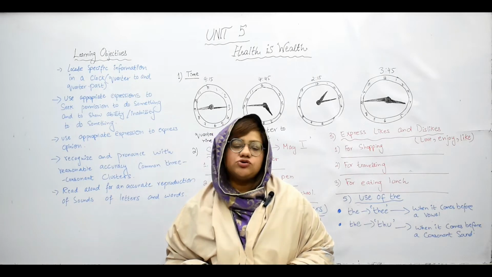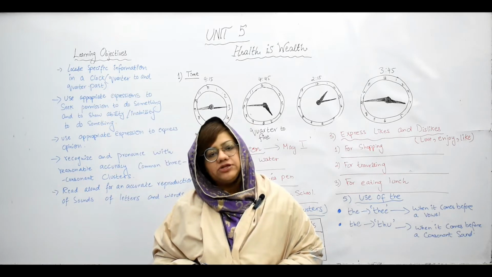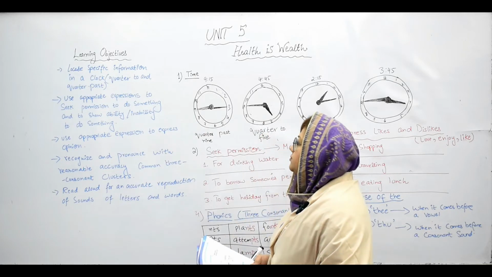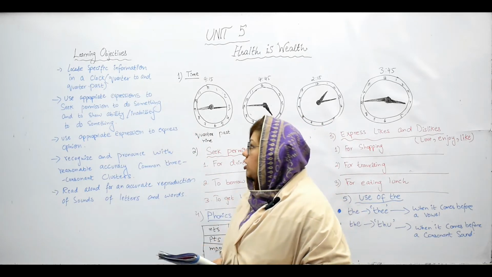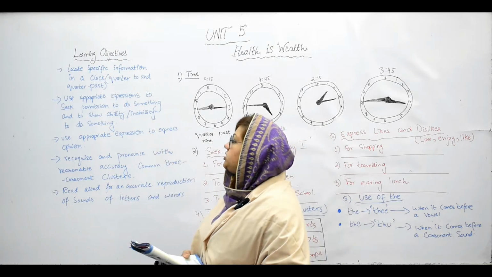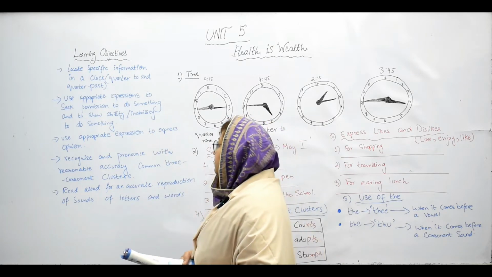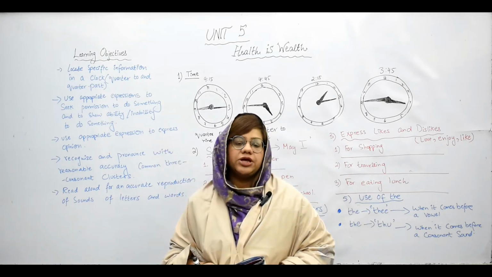Today, I'm going to discuss Unit number 5, Health is Wealth. Let's start with the objectives of this lesson. Locate specific information in a clock, quarter to and quarter past. Then we will discuss use of appropriate expressions to seek permission to do something and to show ability and inability to do something.